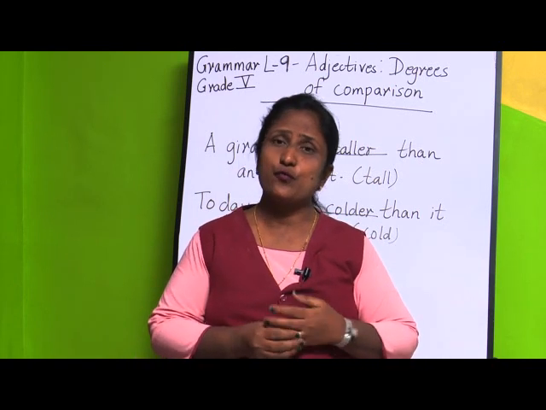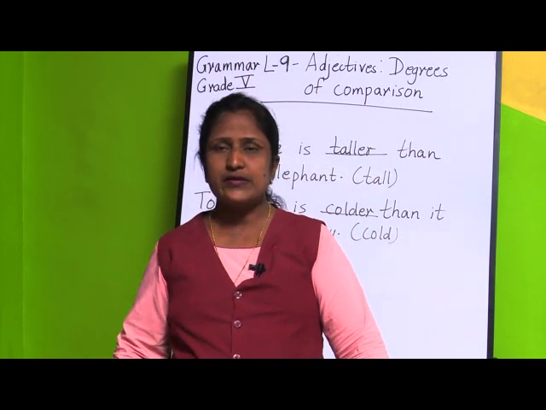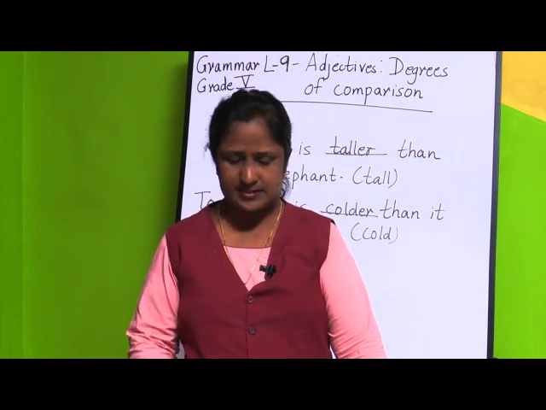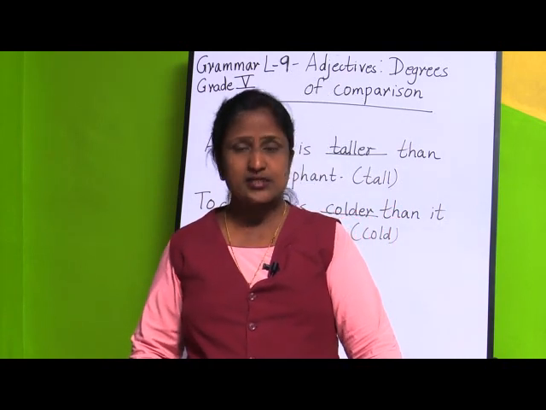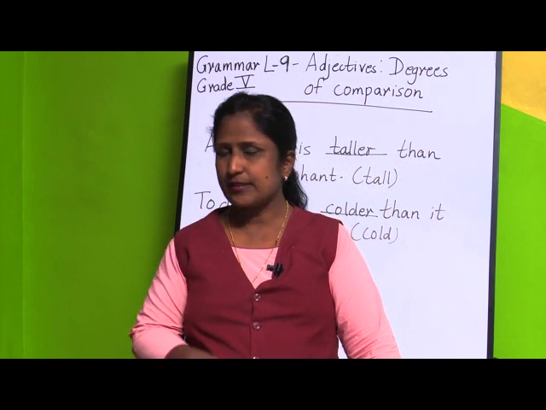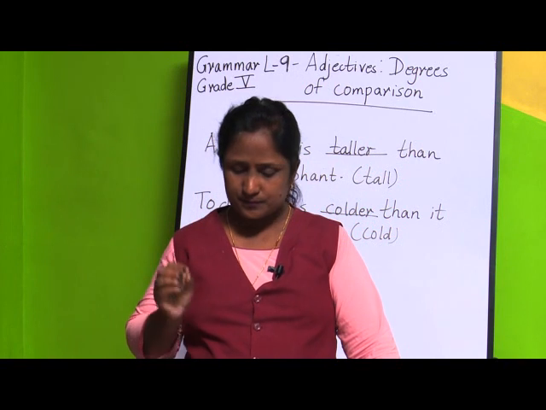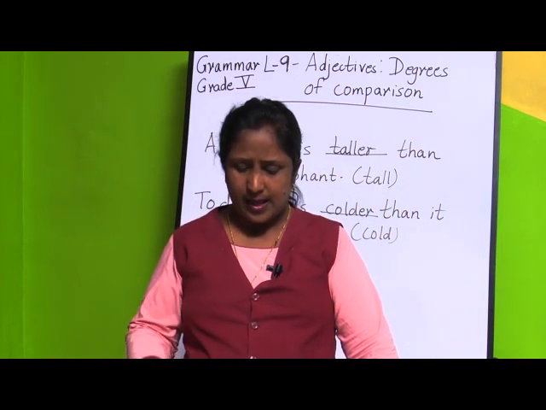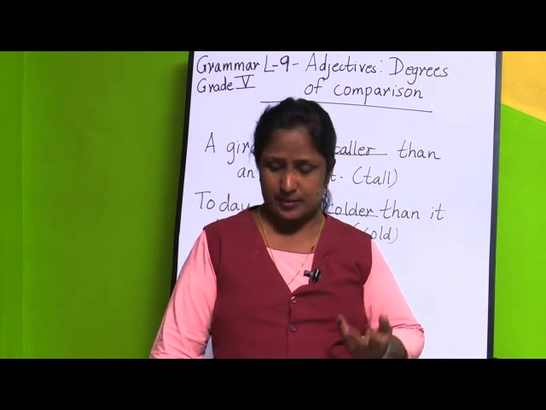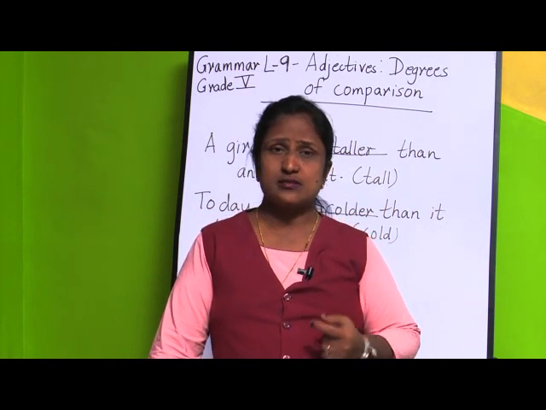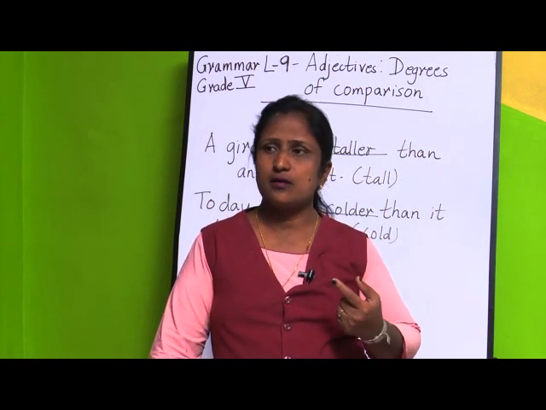Then we moved to the next part, adjectives degrees of comparison, and we know there are 3 degrees of comparison: positive degree, comparative degree and superlative degree. Positive degree is where there is no comparison. Comparative degree is a comparison between 2 things or persons, and we use er, and if the word is big, we use more.